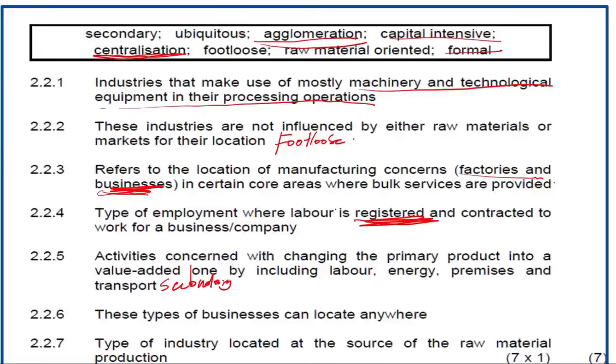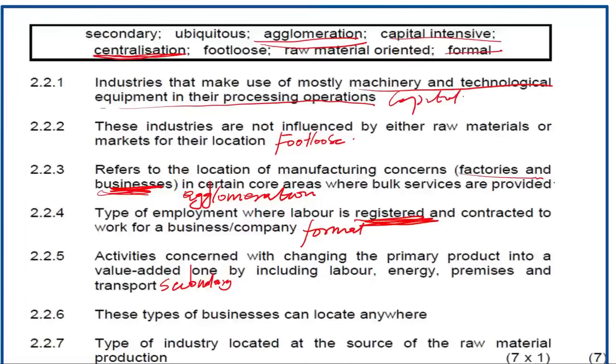Here we said it is formal because it's registered. Then, refers to the location of manufacturing concerns, we said this one is agglomeration, and a shopping center is an example of agglomeration. And then industries that make use of mostly machinery, we said they are capital intensive industries.